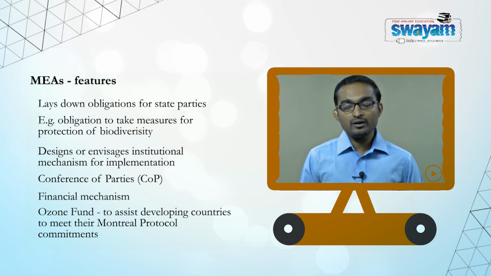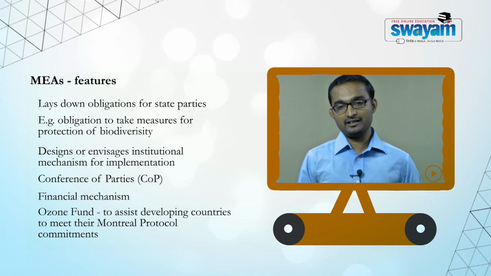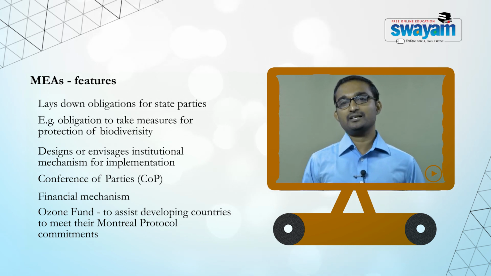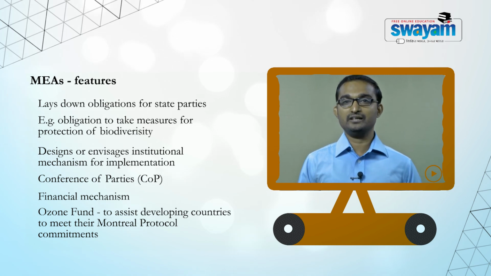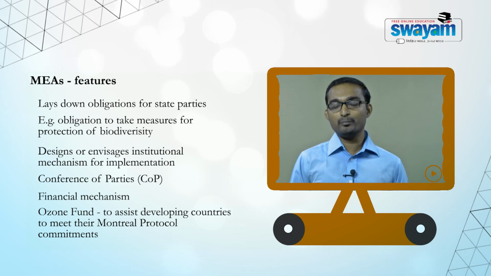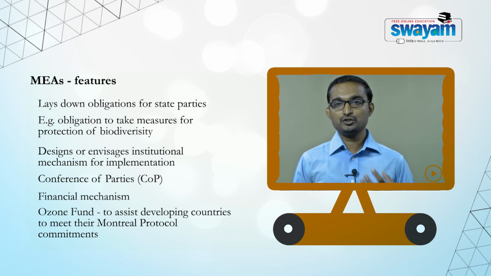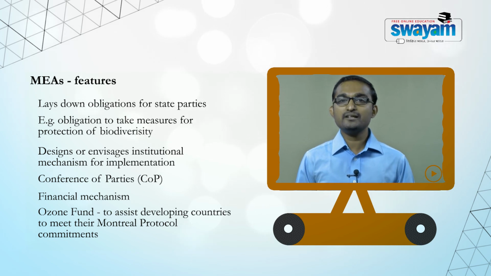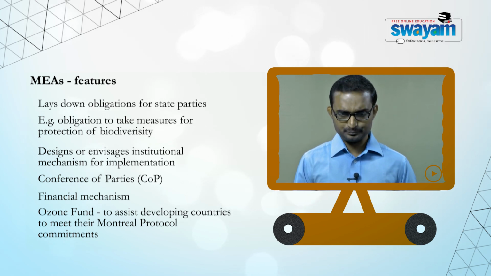So it is very important that multilateral environmental agreements should have this kind of mechanism, so that all countries are capable of fulfilling their obligations. Otherwise, obligations will remain on paper, and this is one way to address the capability of state parties to fulfill their obligations under multilateral environmental agreements.